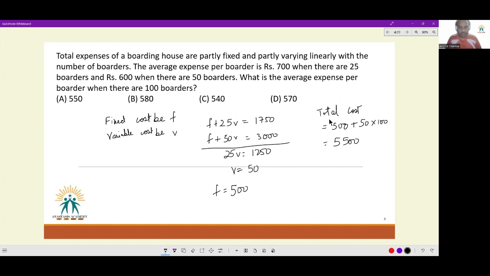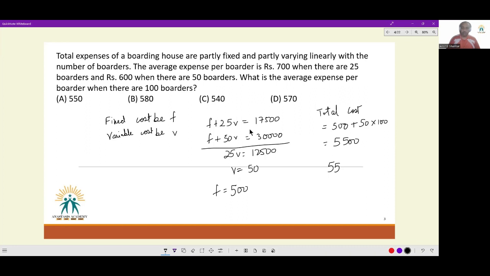But remember, they have not asked us total cost, they have asked us average expense per boarder, which will be... Have I done it correctly? 700 into 25 will be 17500, and then 600 into 50 will be 30,000.